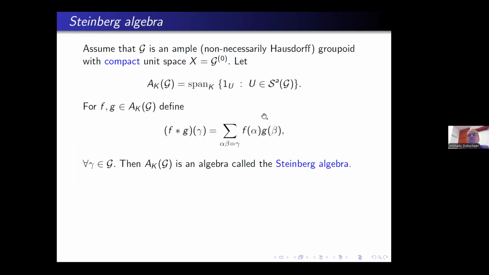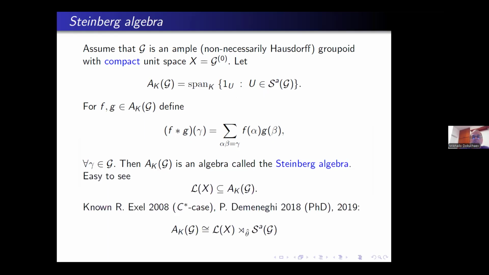Another way is to define it on these characteristic functions. The convolution product of the characteristic functions of two compact open bisections will again be a characteristic function of the product of those compact open bisections. So this is the Steinberg algebra.